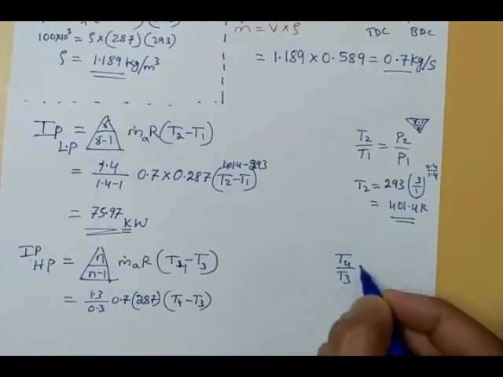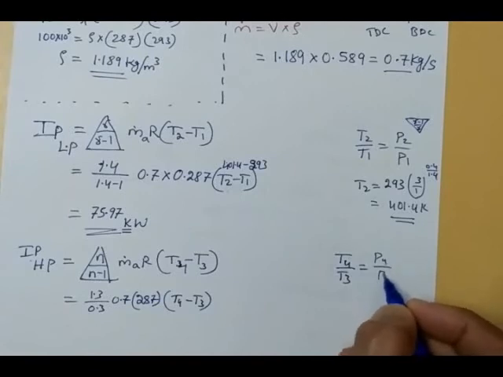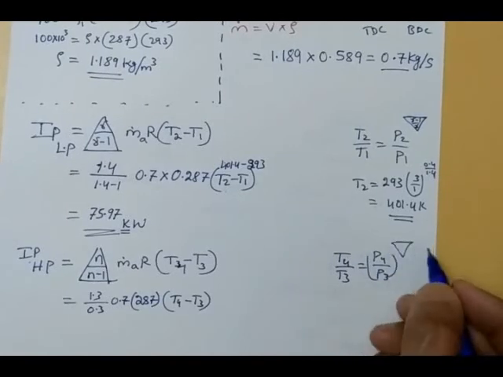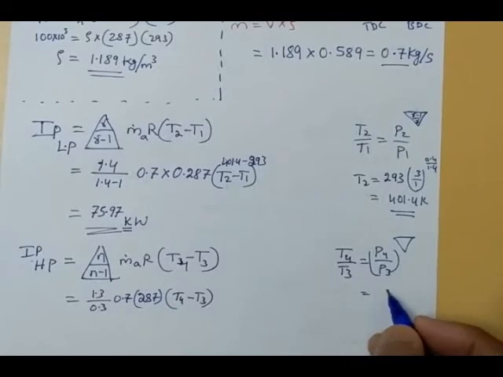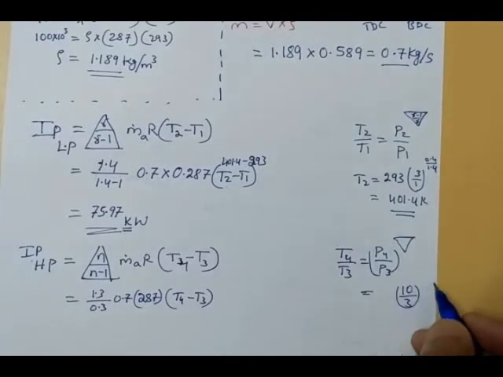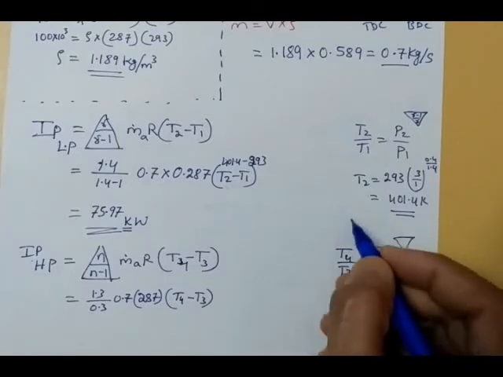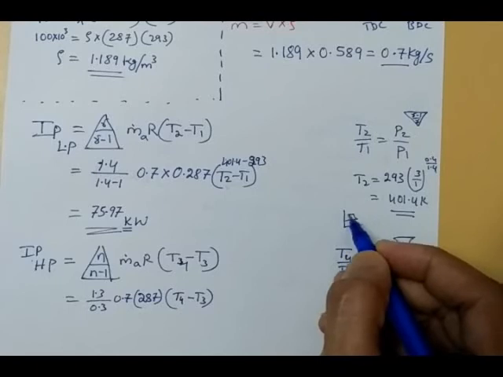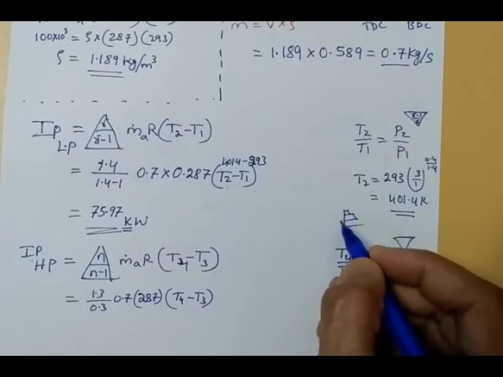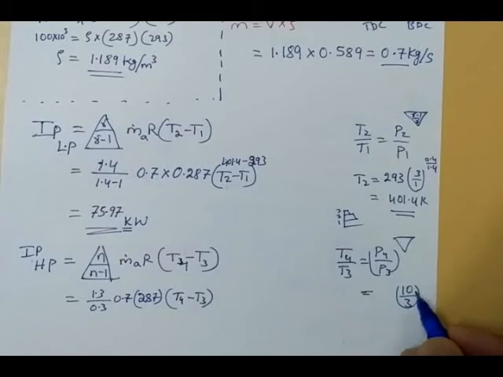that is T4 by T3 is equal to P4 by P3 power, that is pressure ratio is same, that is 10 by 3, and P4 actually, if you see this, there is nothing like P4, only 1 2 3 pressures are there, so I can make this as P3 by P2.